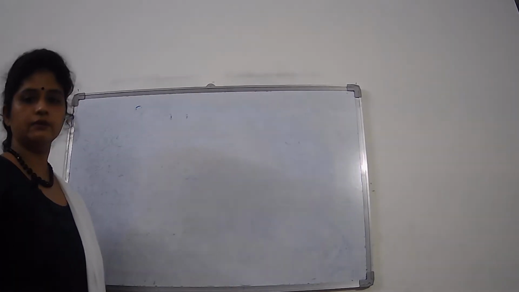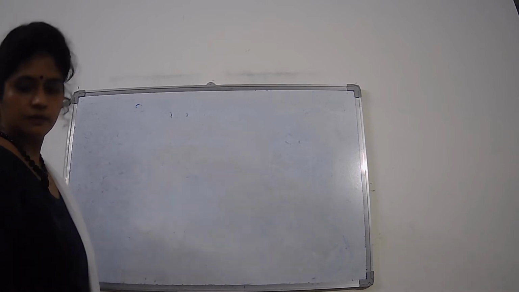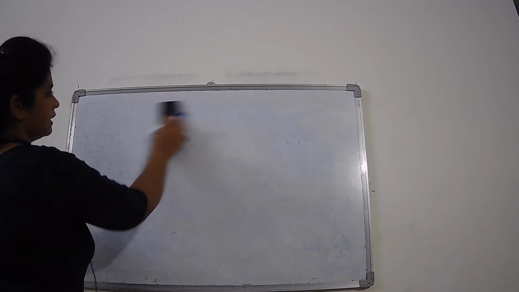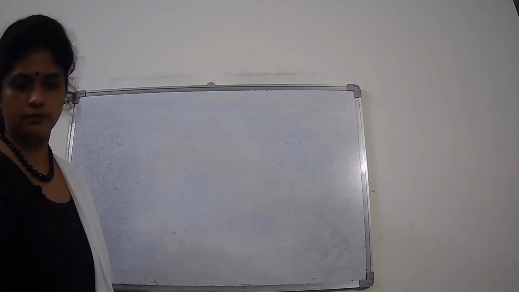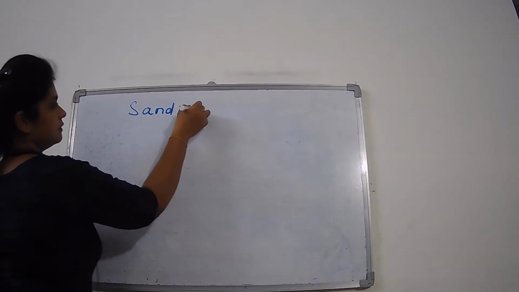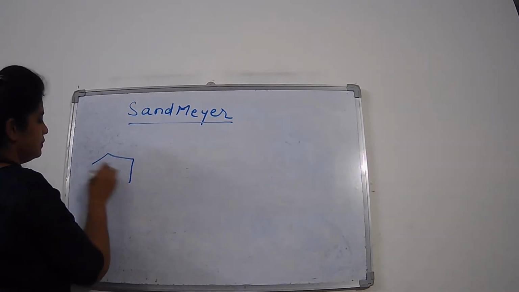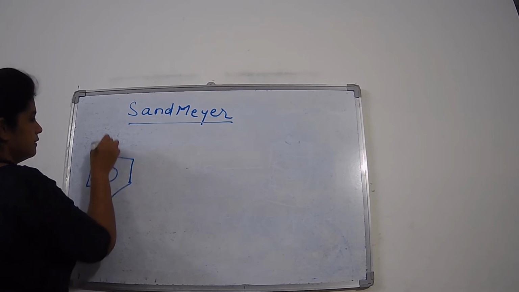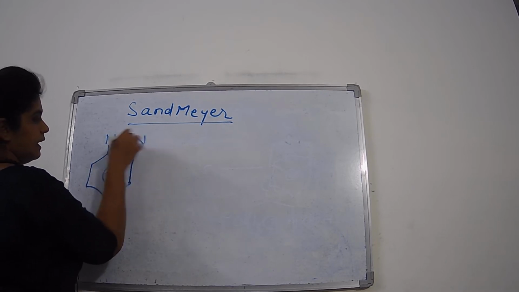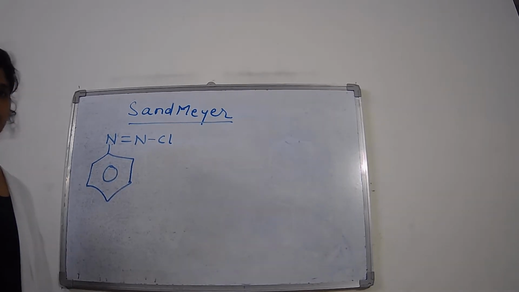And the third method of preparation for chlorobenzene is from benzene diazonium chloride. It is called the Sandmeyer reaction. Here, benzene diazonium, with the N double bond N and Cl, this is benzene diazonium chloride.